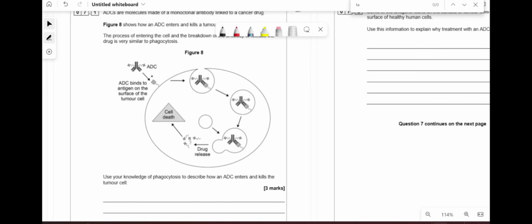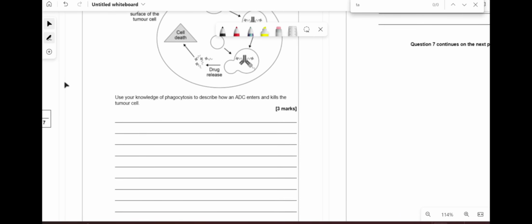And you can see that here. The ADC binds to specific antigens on the surface. It's taken up by phagocytosis, so it's engulfed in the same way you would normally do it. Then a lysosome fuses with the phagosome, and it leads to the release of the drug in the same way that you would also leave behind the antigens in normal phagocytosis, and that drug kills the cell. That's exactly what's going on here.